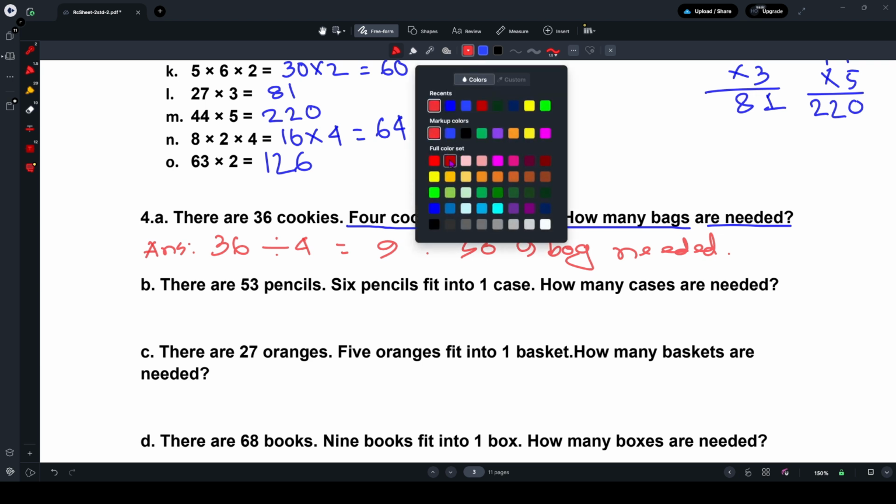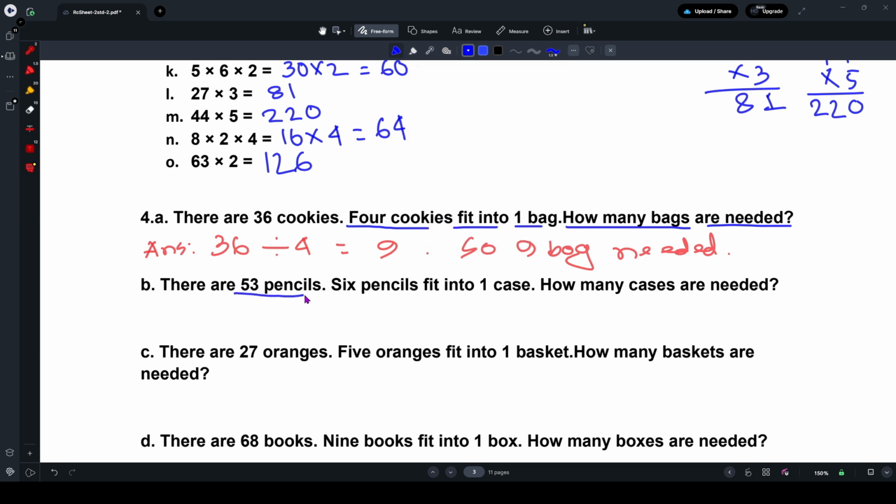Next, we can write, there are 53 pencils, 6 pencils fit into one case. How many cases are needed? So this one, how can we write?